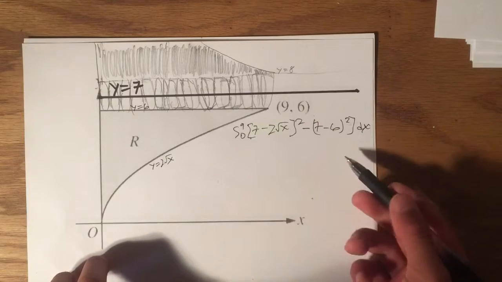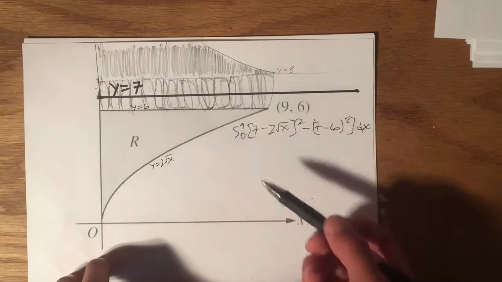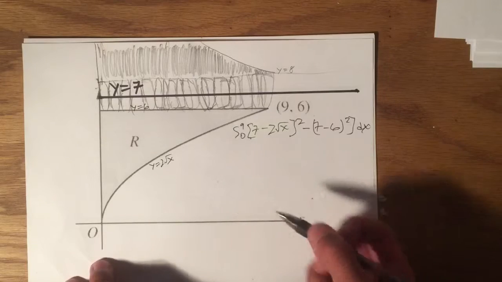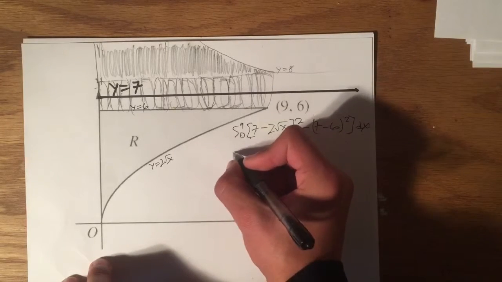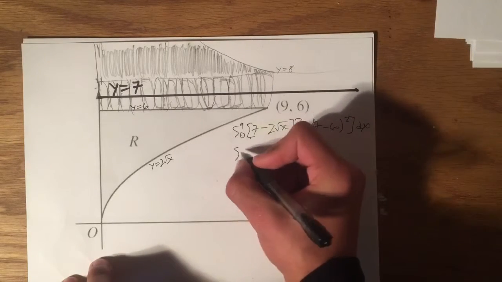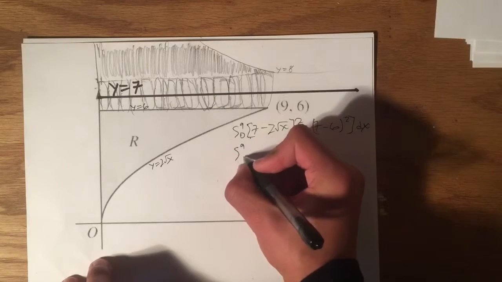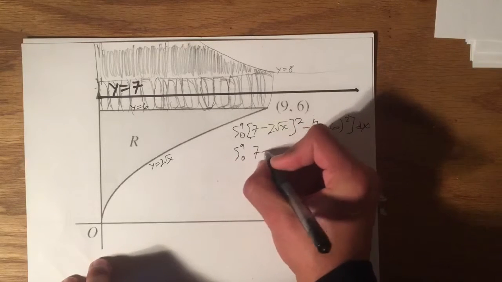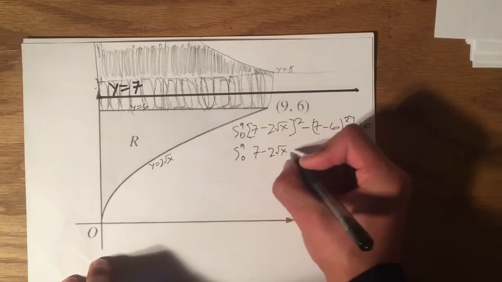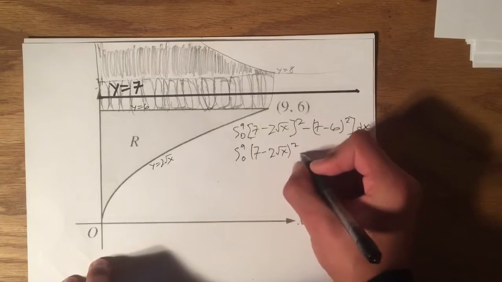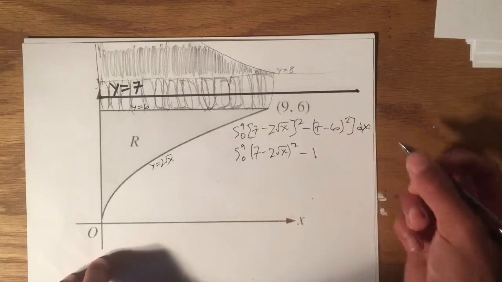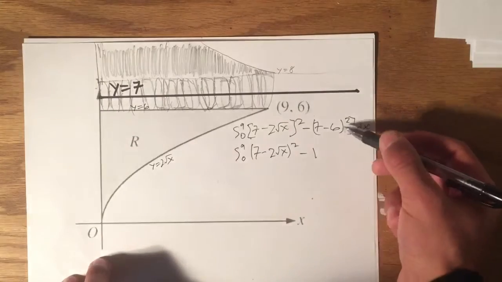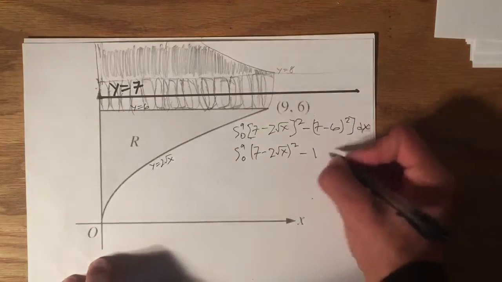Okay, so now all we have to do to get our final answer is get this integral from 0 to 9, 7 minus 2 rad x squared minus 1 squared. There'd be 1 squared, but 1 squared is just 1, so that's why we have that there.